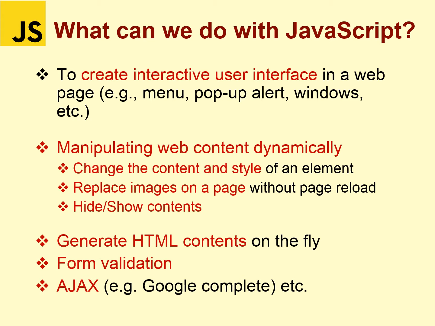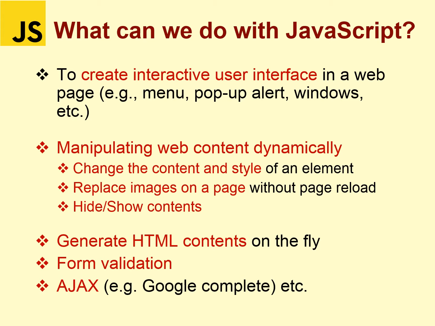For example, if you are trying to log in to a particular website without a password, an alert will appear with the message, enter your password, and this type of application can be done in JavaScript.